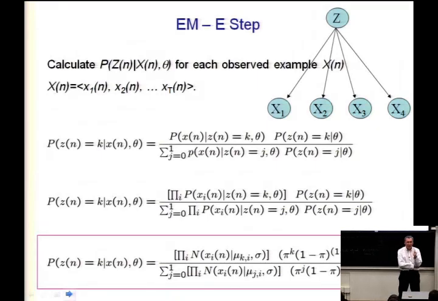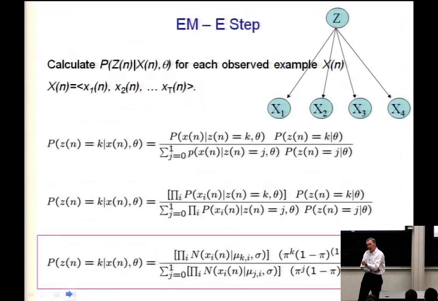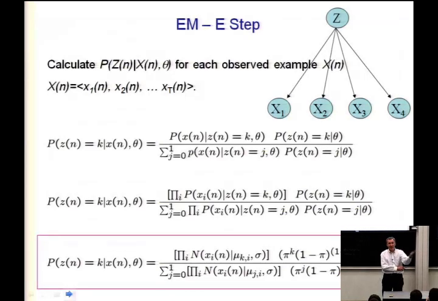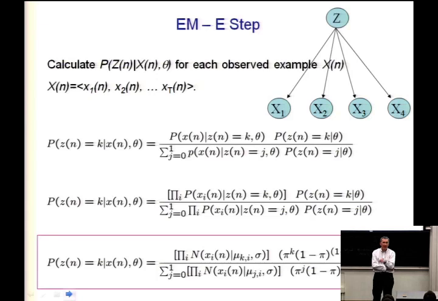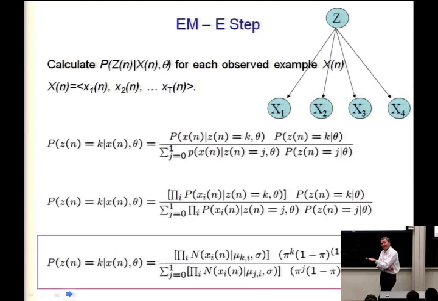So to derive the EM procedure, what I need to do is derive the E step by figuring out how I can estimate, for every data point in my training set, the probability distribution on that unobserved z variable for that data point. That's the E step. And then on the M step, how can I update theta to maximize the expected full data log likelihood.